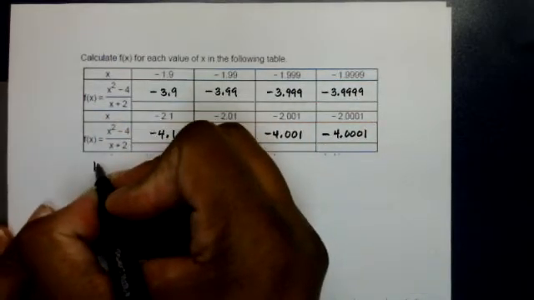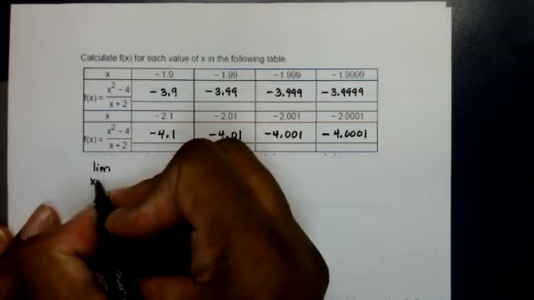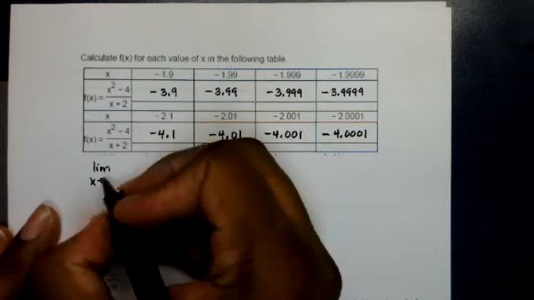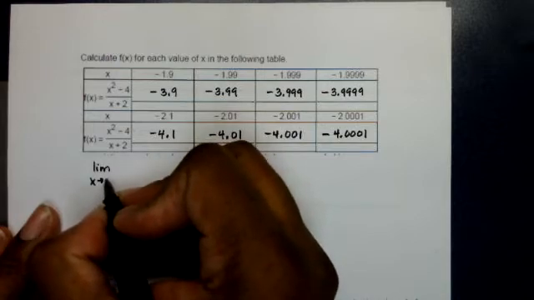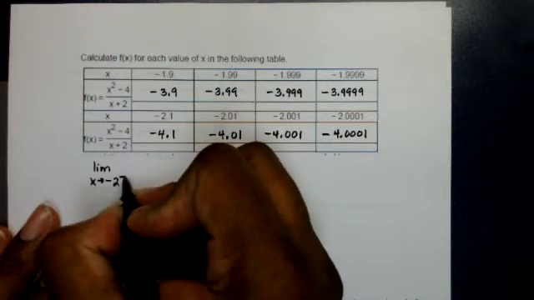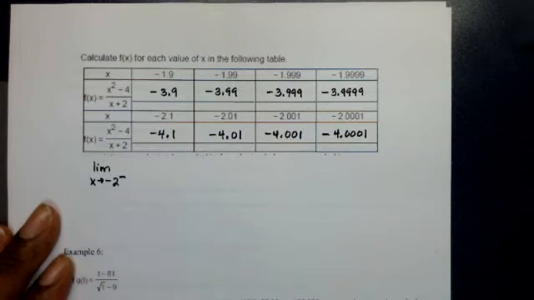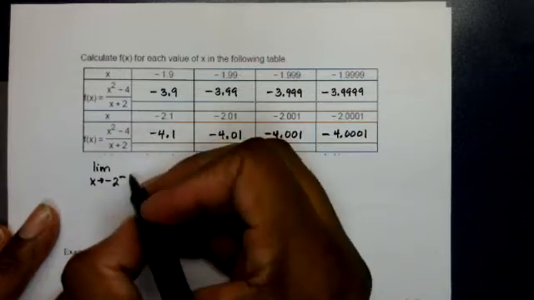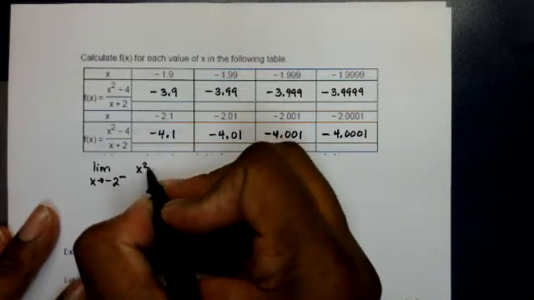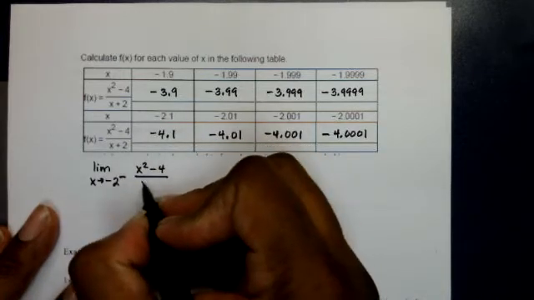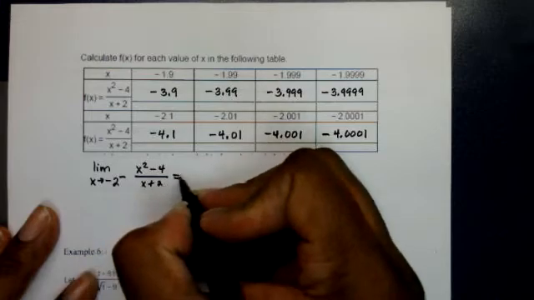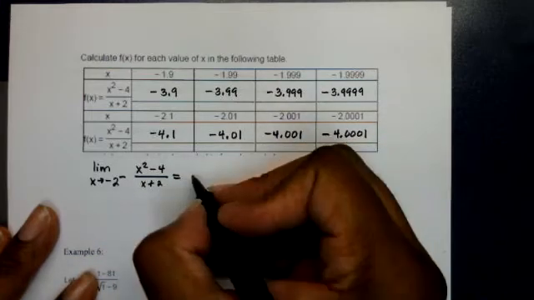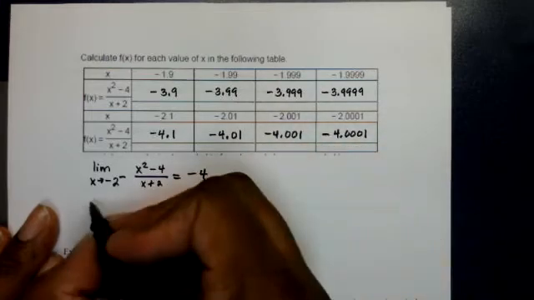So the limit as x approaches negative 2, and that's from the left of negative 2, and by the way, that's how we write that, of x squared minus 4 over x plus 2 is getting closer and closer to negative 4.